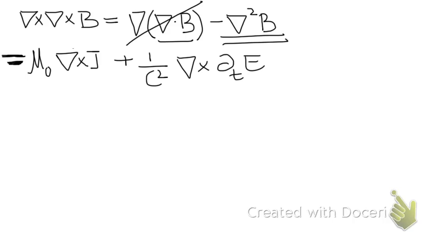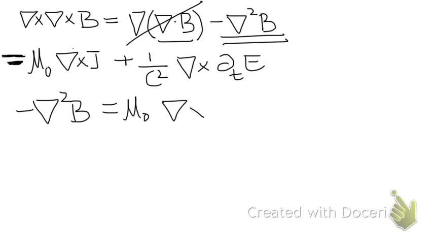Okay, so what can we do now to this equation? Well, we can write it down as negative Laplacian of B, the magnetic field, is equal to mu naught curl of my current density, and now I'll have my curl of E over here.